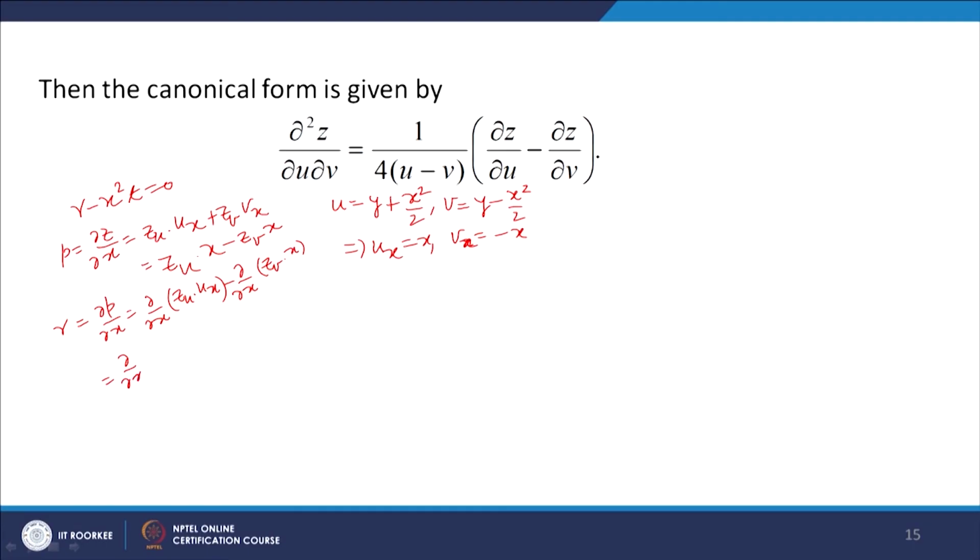Partial derivative with respect to x of z u into x, this is x, so derivative, this is x, and then plus z u into derivative of x with respect to x, so 1, and then minus derivative of z v with respect to x into x plus z v into derivative of x with respect to x, so that is 1. So, what do we get?